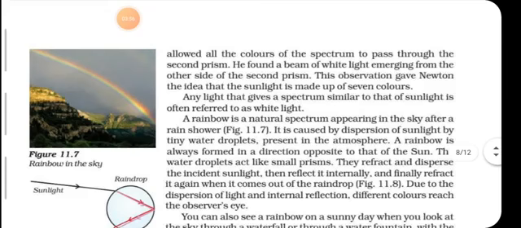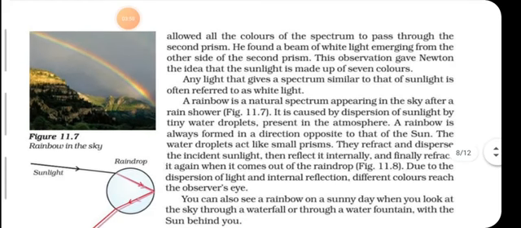This allowed all the colors of the spectrum to pass through the second prism, and he found a beam of white light emerging from the other side. This observation gave Newton the idea that sunlight is made up of 7 colors. Without refraction, sunlight is often referred to as white light.